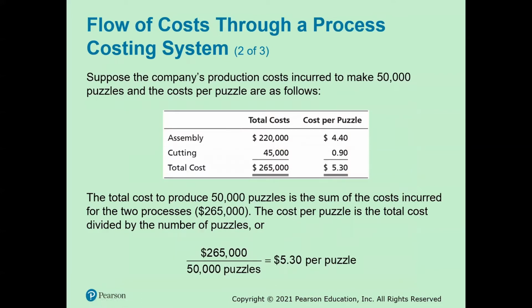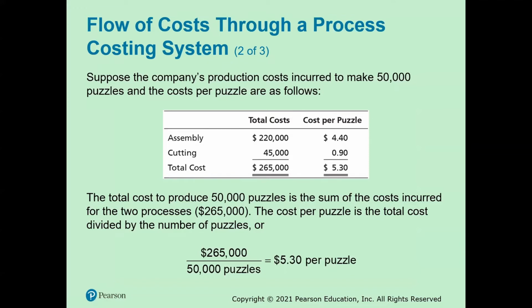At any moment, some puzzles are in the assembly process and others are in the cutting process. Computing the puzzle's cost becomes more complicated when the units are at different places in the production cycle.